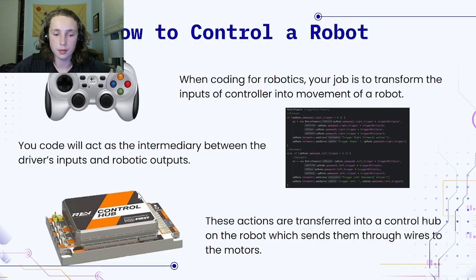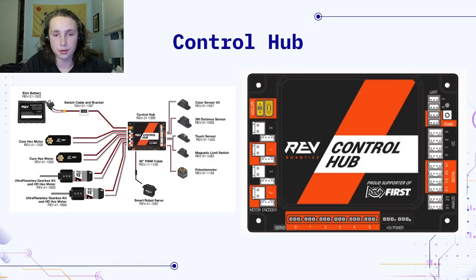And this will then be connected to the motors and the servos and make it so all of the direct actual actions of a robot, which is kind of what we do robotics for, are done through this control hub. Now, more specifically, there are many different sensors that can be inputted into the control hub in order to take that through the code, process their inputs, and then make outputs based on it.